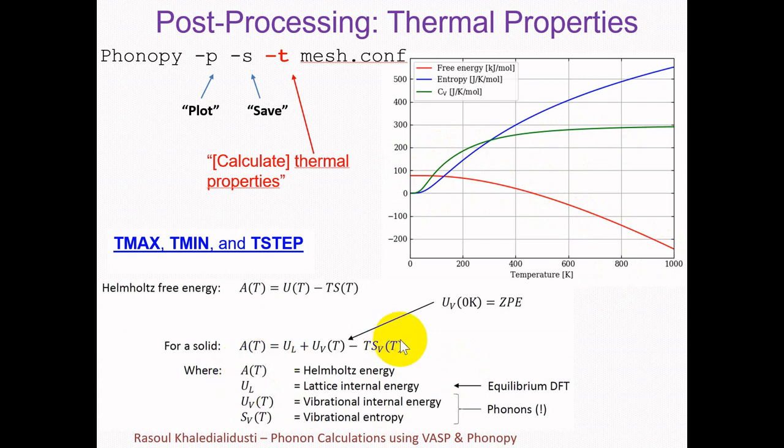But for solid, we have another term that is called vibrational internal energy. So in addition to the lattice internal energy, UL, which is calculated by DFT, we have another term that is called vibrational internal energy that is related to phonons.